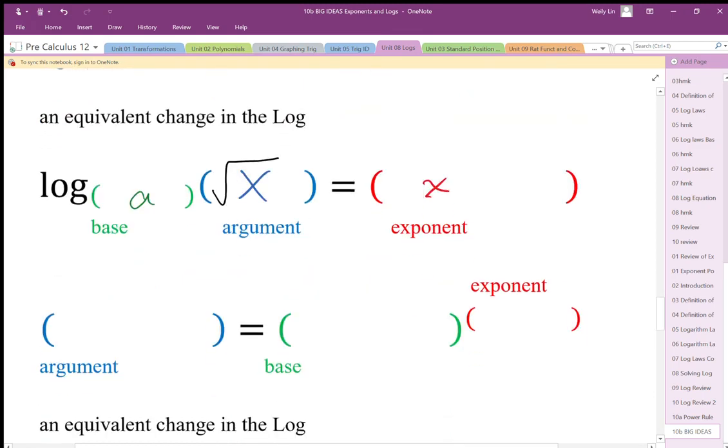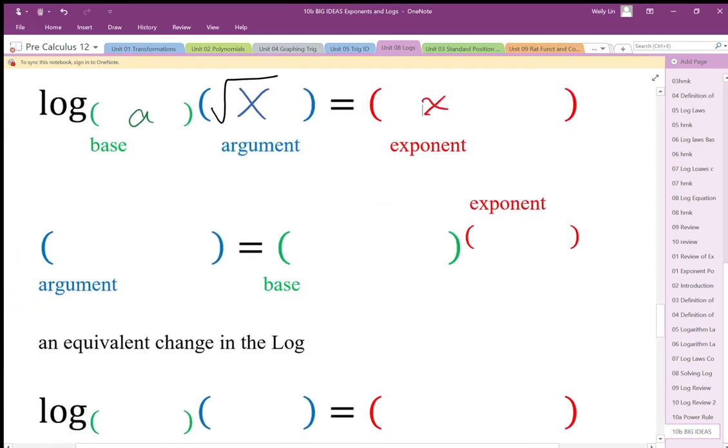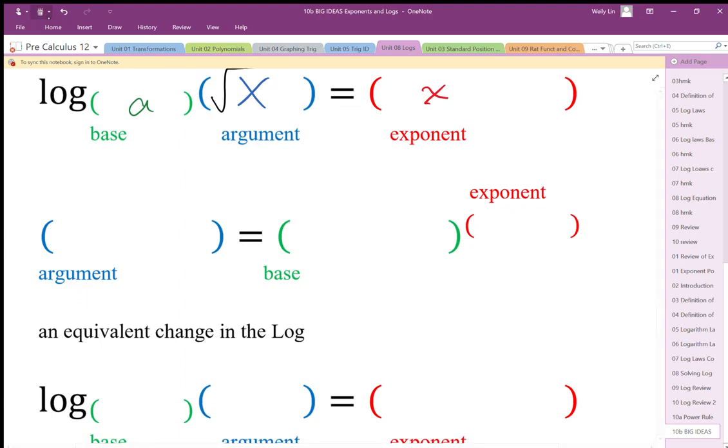So we can come up with all sorts of these relationships. We can say that we have our argument x, and we have our base a, our exponent of x here, and we can do all sorts of other changes. What happens if we times? That's one we can investigate.